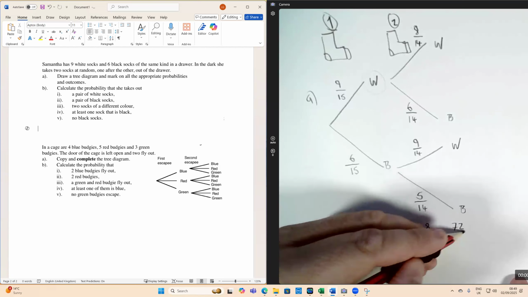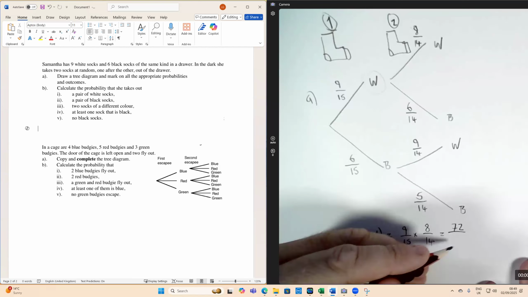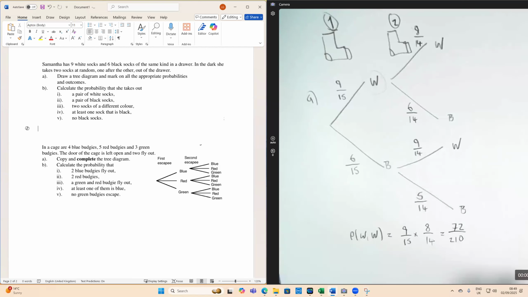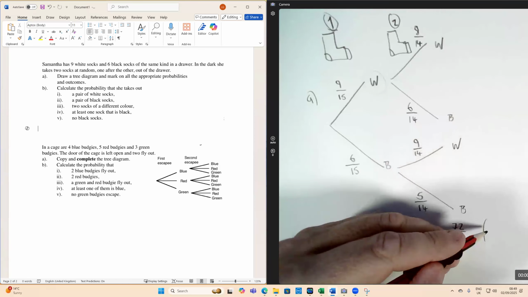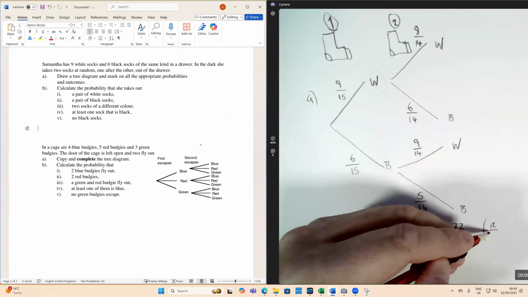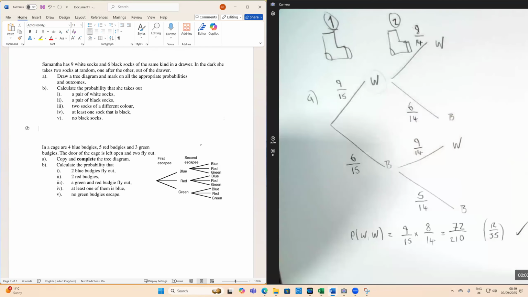So that is 72, and then 15 times 14 is 210. So I have got 72 over 210. That's my probability of selecting white and white. I'm going to write that down there, and that actually does simplify to 12 over 35. So that's our answer for the first one.